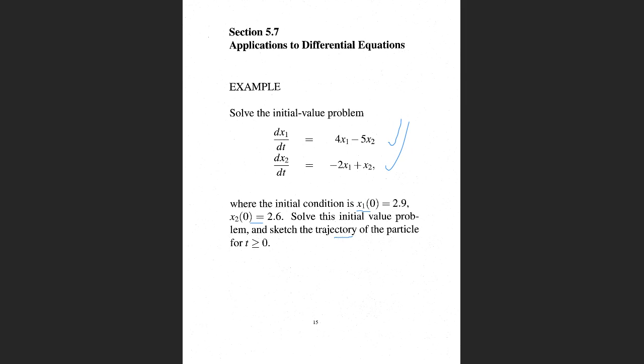If you've taken Math 282, you might have seen dx/dt and dy/dt, a system of differential equations like that. Well, we're using dx1/dt and dx2/dt only because we allow for the fact that you could have more than two differential equations, right?